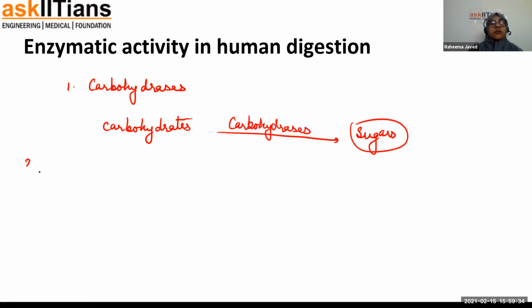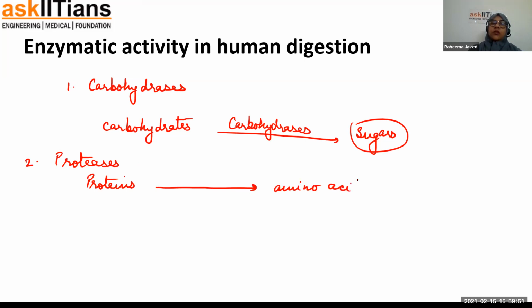The second major group of enzymes are proteases. Proteases act on proteins and they basically convert proteins into amino acids.